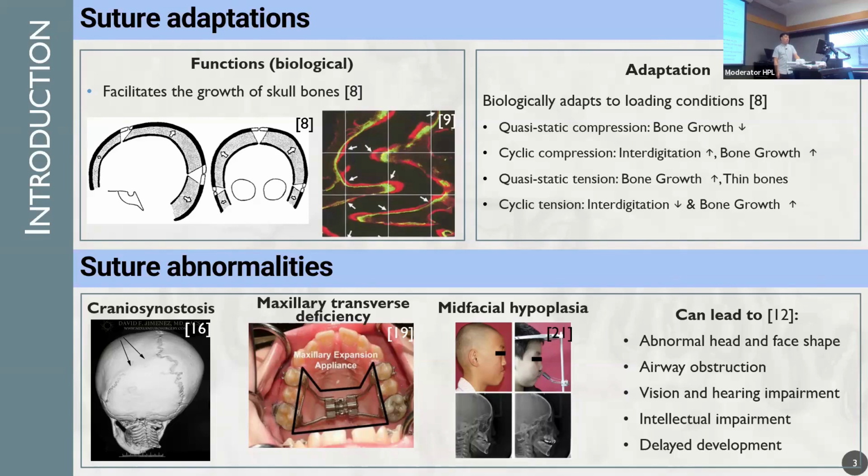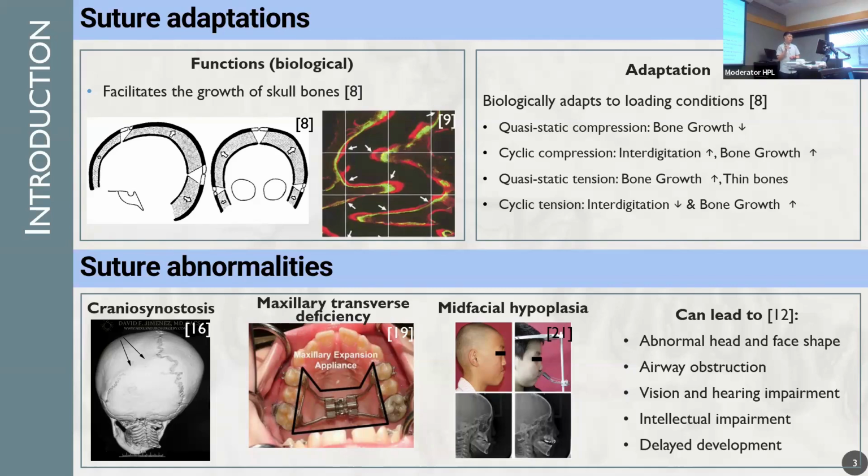Strain gradient, I'm not exactly sure how it's affecting or causing or related to the bone growth in the suture, but in terms of bone, there is a theory or belief that strain gradient can cause interstitial fluid flow, and osteocytes can detect that fluid flow and govern the bone adaptation.